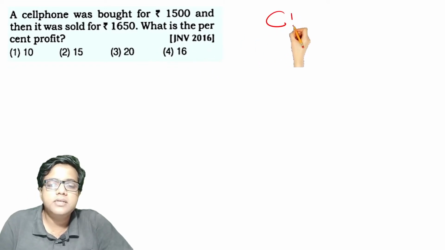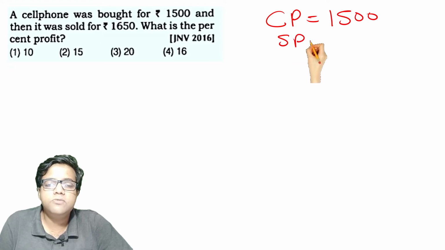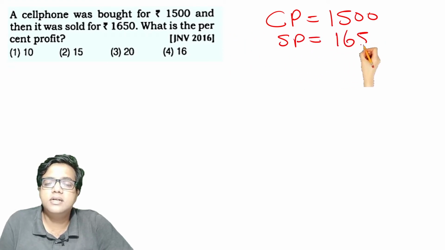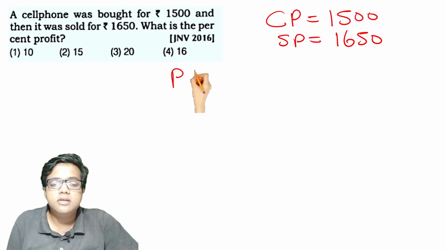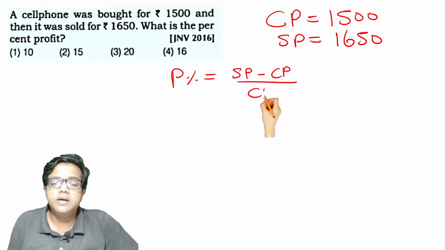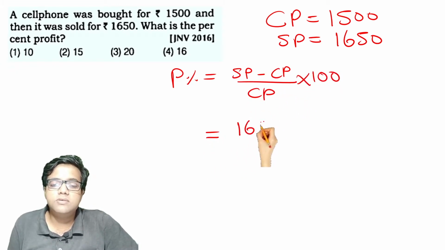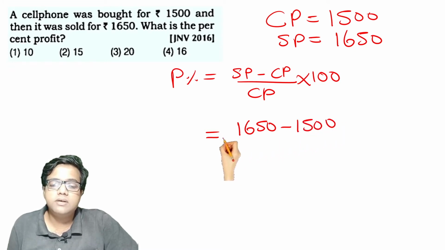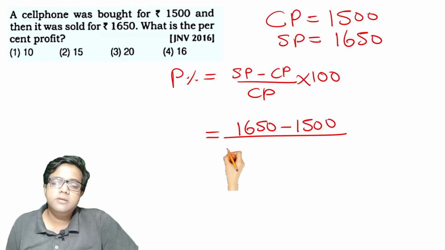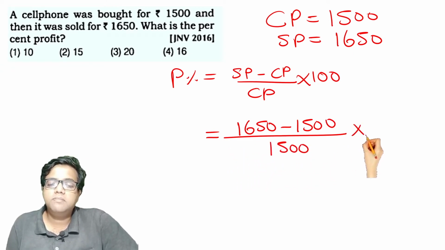So the cost price is what? 1,500. Selling price is what? Selling price is 1,650, right? So now we need to find what? Profit percent. Profit percent is equal to selling price minus cost price by cost price into 100. Selling price is 1,650 minus cost price is 1,500 divided by cost price, that is 1,500 multiplied with 100.